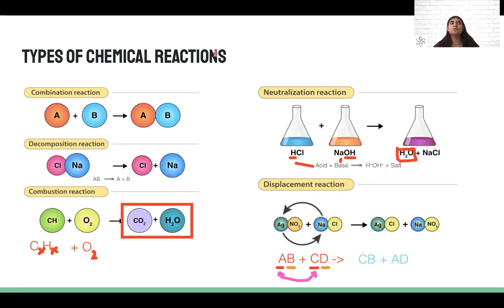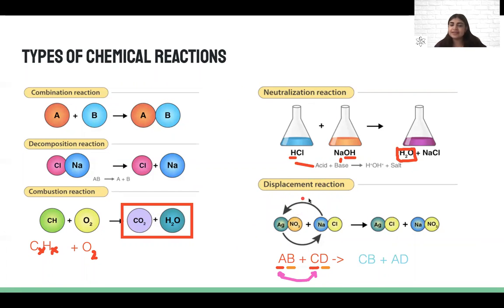I'm oversimplifying things, but that's just to make things easier. So if silver were A and NO3 were B, and then sodium were C and chloride were D, we see that instead of having AB, or Ag with NO3, we now have AD, which is silver with chloride. And then the same thing happens with the other two, they just switch places.